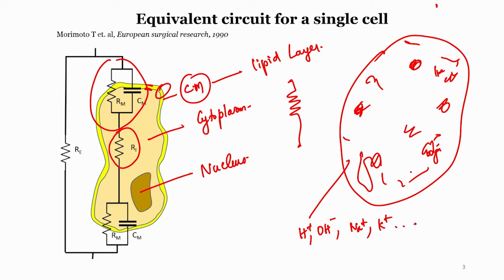Now imagine a circuit where you have a low value resistance, let us say 1 kilo ohm, connected in parallel with very high resistances like 200 kilo ohm, 300 kilo ohm, etc. Now what is the effective resistance? Let us simplify it with one very high resistance and one low resistance. Here the low resistance is the ions, because ions are quite conductive, so they will have very little resistance.